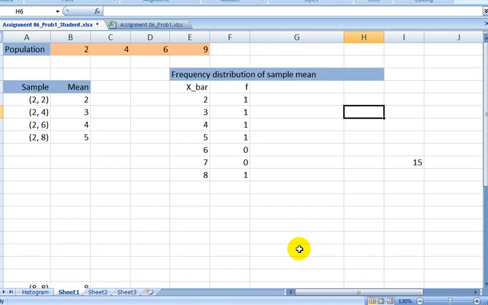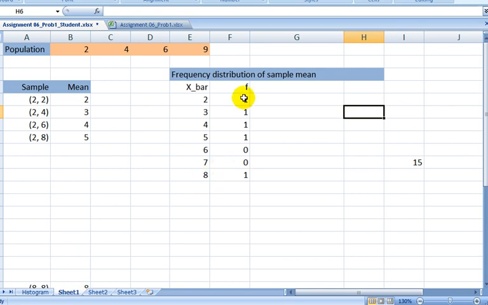Then I want you to plot a histogram for the sample means. What you list here is all the possible mean values. The mean value could be 2, could be 3 or 4 or 5, could be 6 to 8.